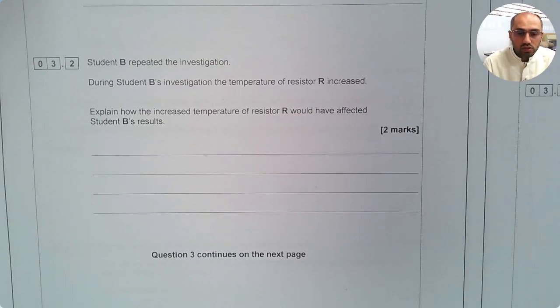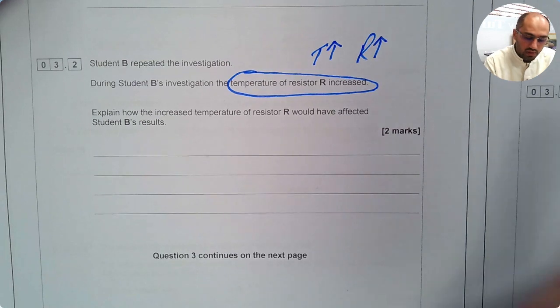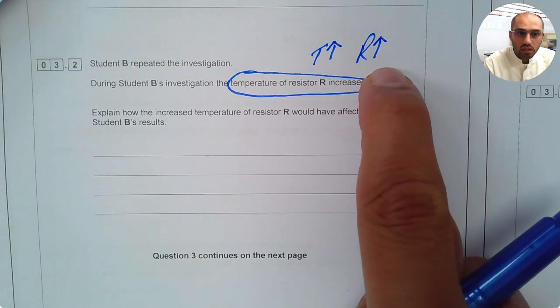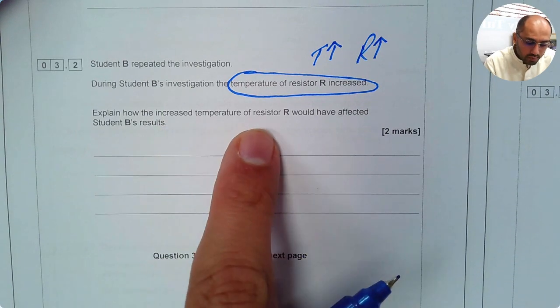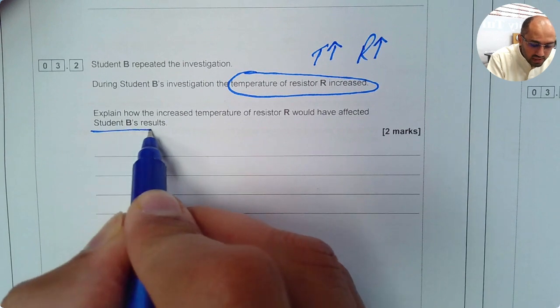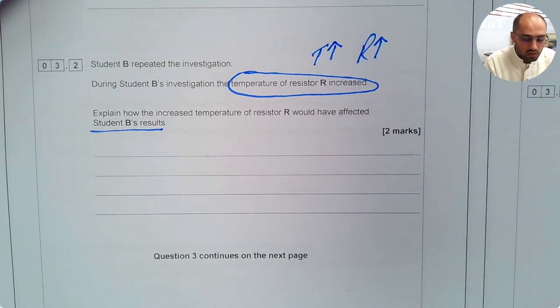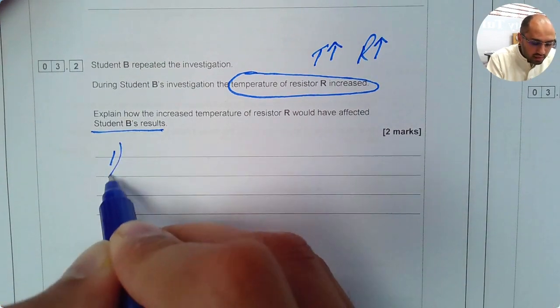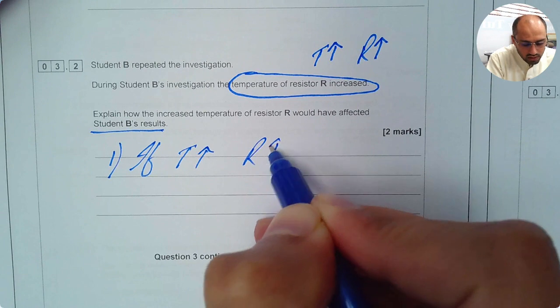Next part says student B repeated the investigation. During student B's investigation, the temperature of the resistance R increased. We know if the temperature increases, then the resistance will increase. Now it says explain how the increased temperature of resistance R would have affected student B's results. So the first thing I'll say is temperature increases, R will increase.